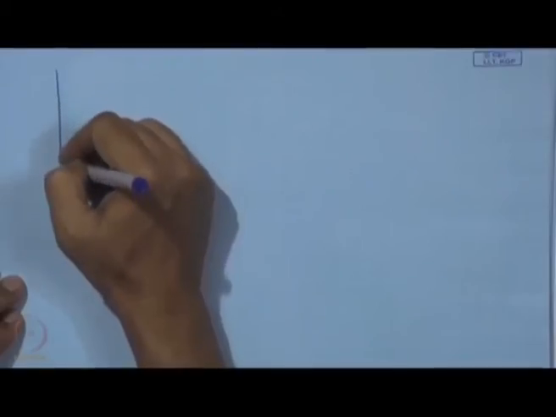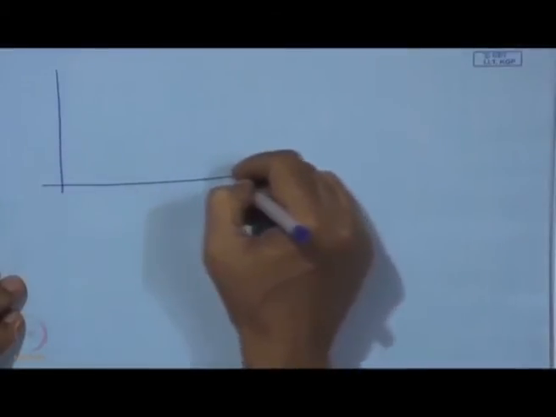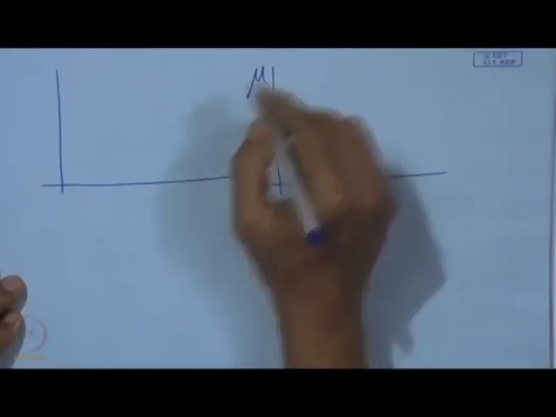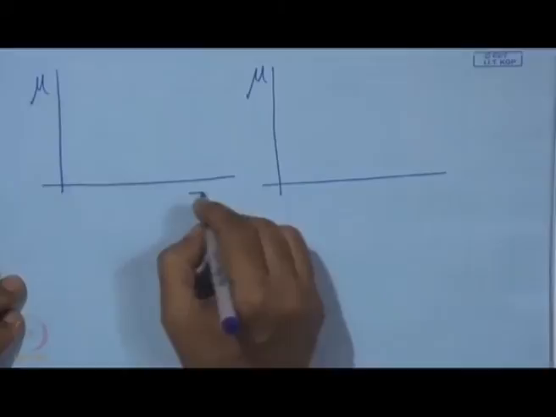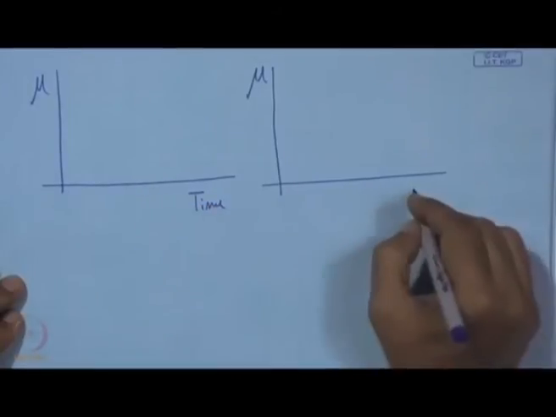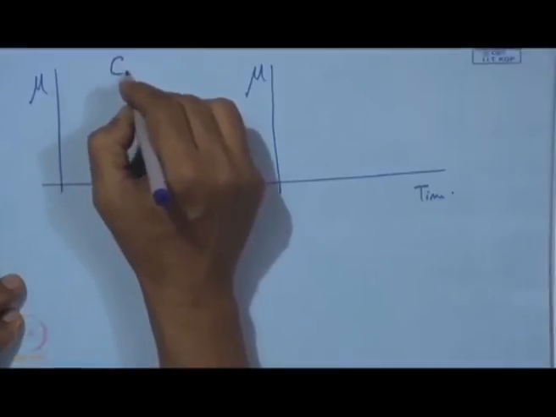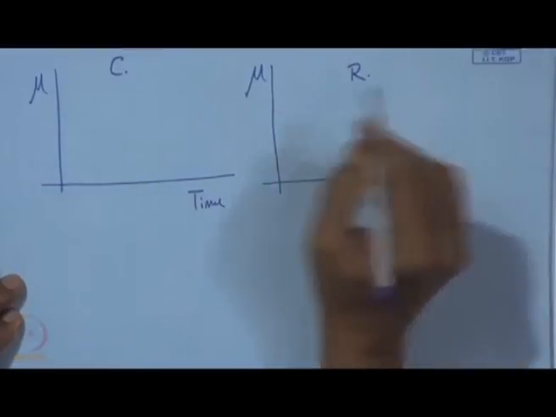Now comes the reciprocating sliding. In that case, what happens, we can illustrate quickly with time. This is continuous sliding and that is reciprocating sliding.